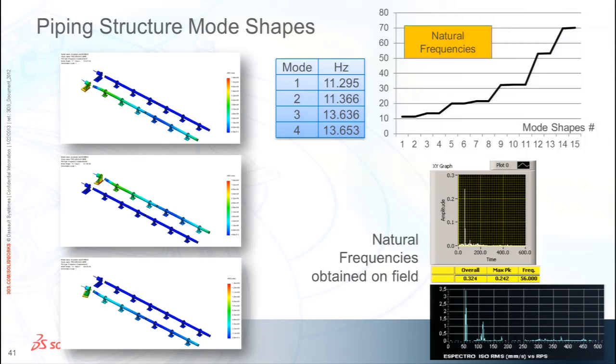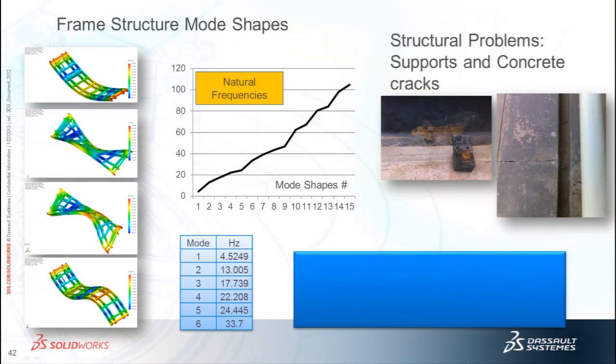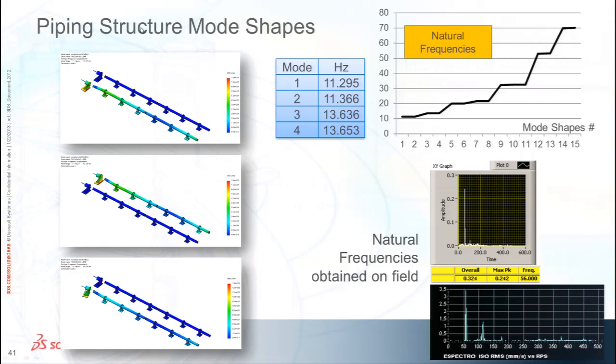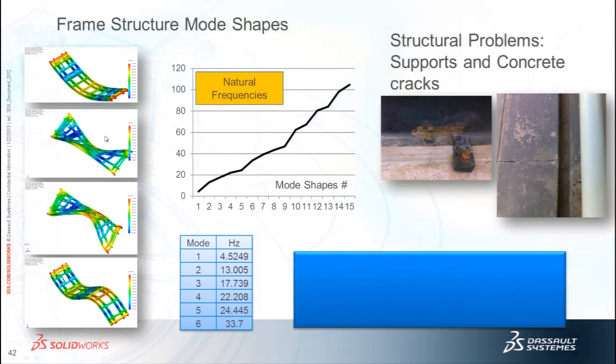So we started investigating what's going on here, and we found the supports. These are some piping over the skid, and this is the frame, right? So when we did some investigation on the model, we found that some supports were missing because of corrosion, because, I don't know why, but they were missing.